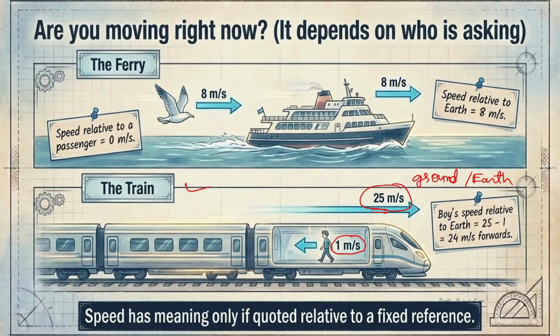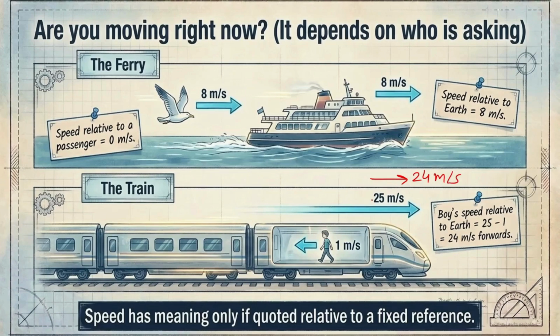If you are standing outside on the surface of the earth, you see that the boy is not going at 1 meter per second. You see that the boy is going about 24 meters per second in this direction.